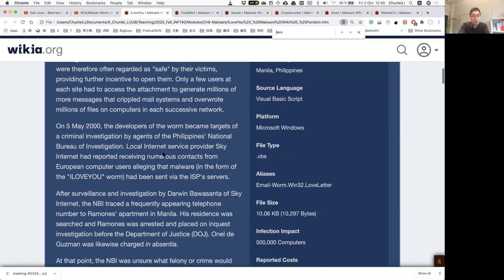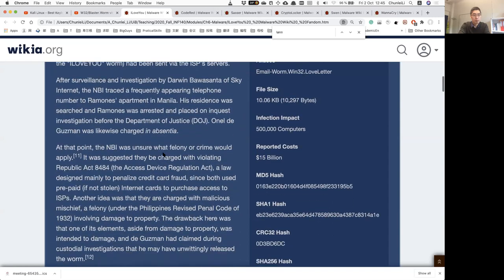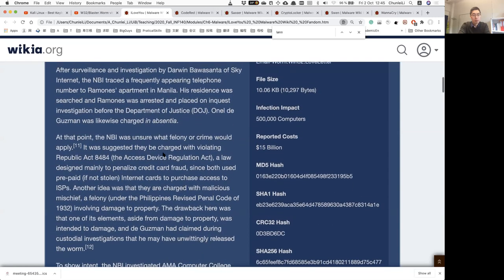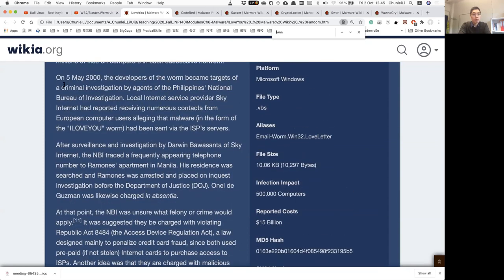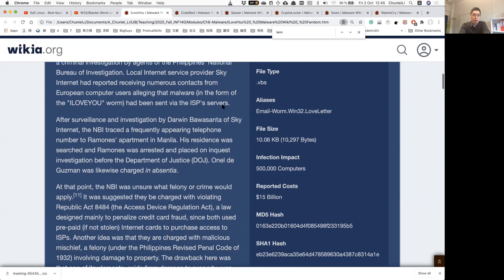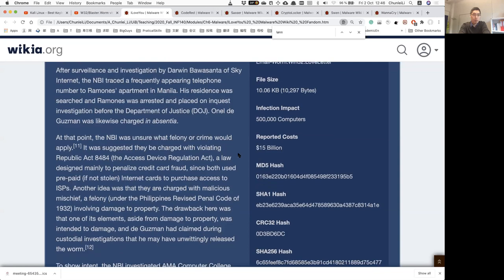Let's try to get something interesting. Here is about the process, so I'll just read for you. The developers of the worm became targets of a criminal investigation by an agent in the Philippine National Bureau of Investigation, and of course they were questioned.